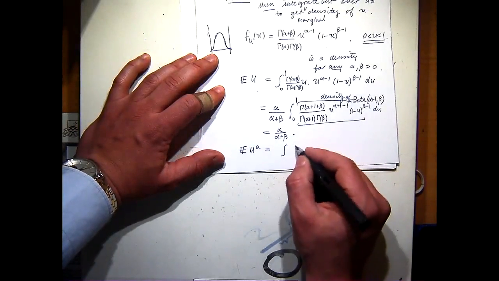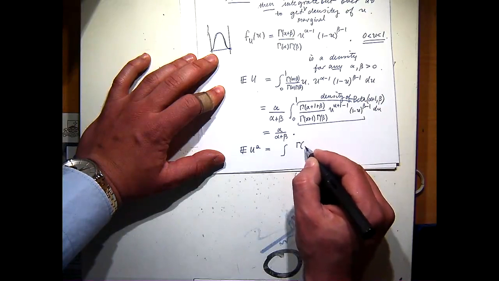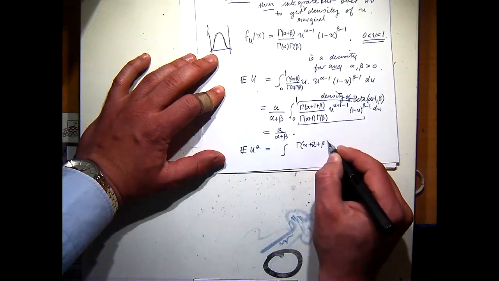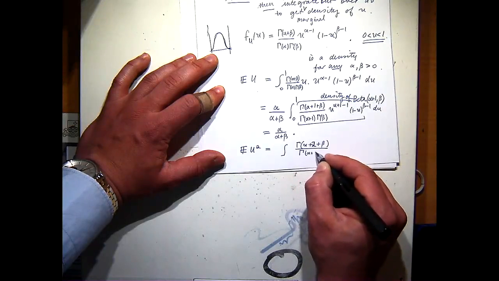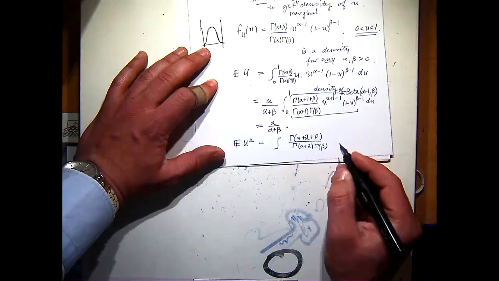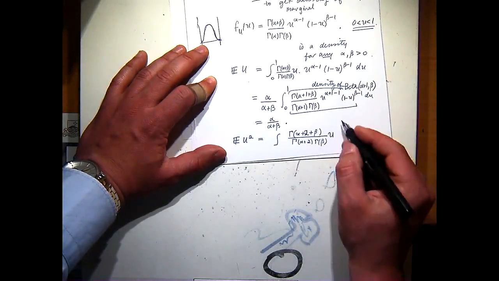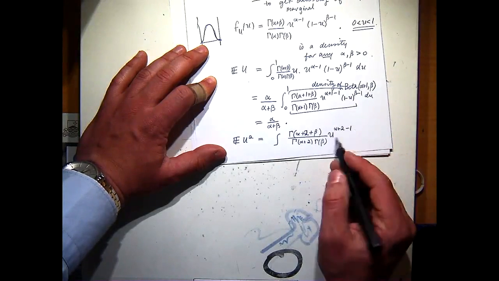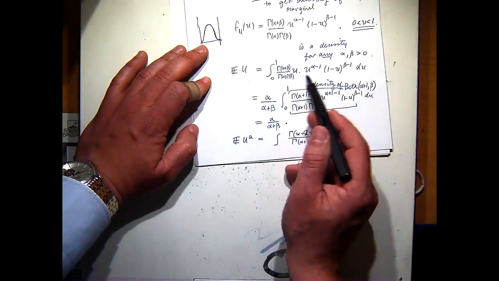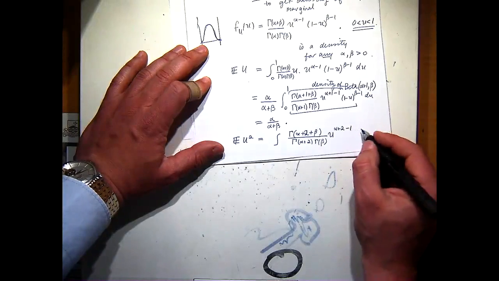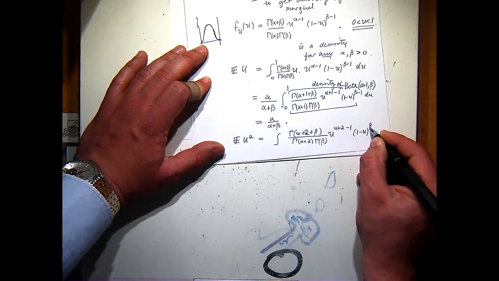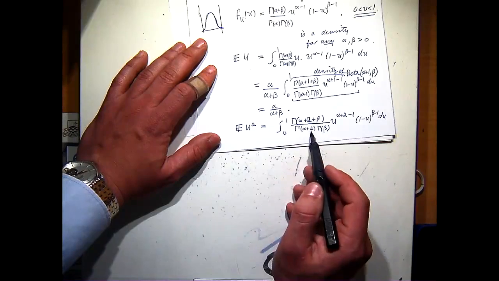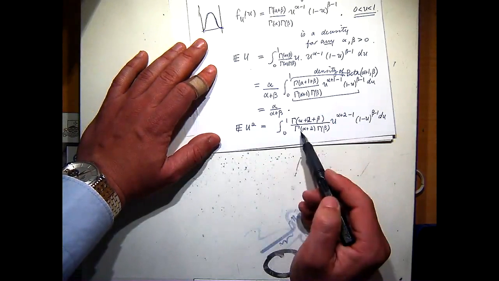Well, it is, of course, gamma of alpha plus 1 plus alpha plus 2 plus beta divided by gamma alpha plus 2 gamma beta u to the power alpha plus 2 minus 1, because you see I put an extra u squared times u to the alpha minus 1, so that gave me this 1 minus u to the power beta minus 1 du, and once again I need to fix my constant at the front. So instead of gamma alpha on the bottom, I had gamma alpha plus 2.